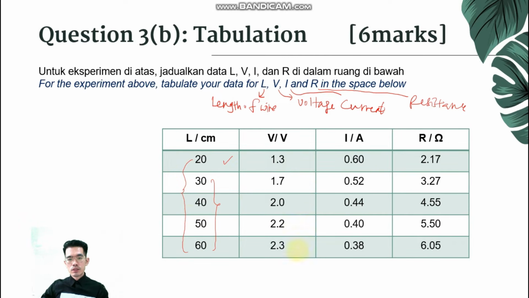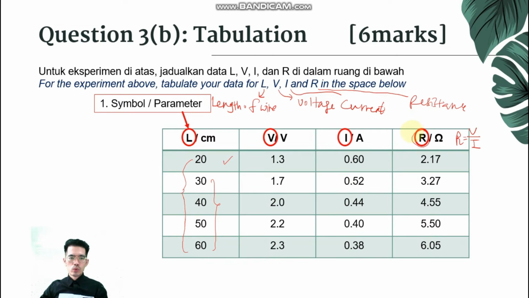Then we measure V and I using the voltmeter and ammeter. Then R, as mentioned, is from Ohm's law. We calculate it using V over I. Then we get all the values here. First, you have to write the symbol or parameter in your table.